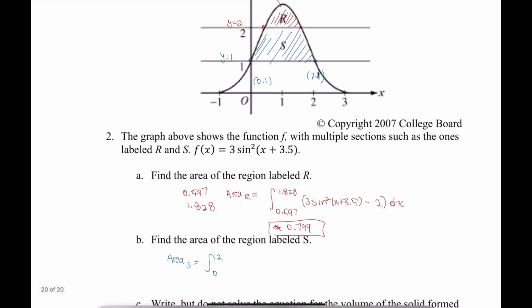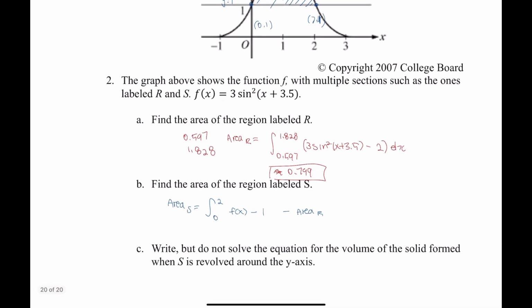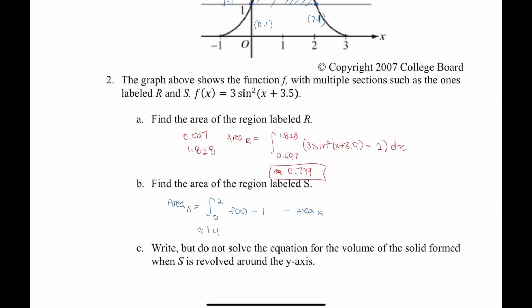So we're going to do f of x minus 1, right? And then minus the area of R. Okay, so for this one I got around 1.444. So this would be the area of S.